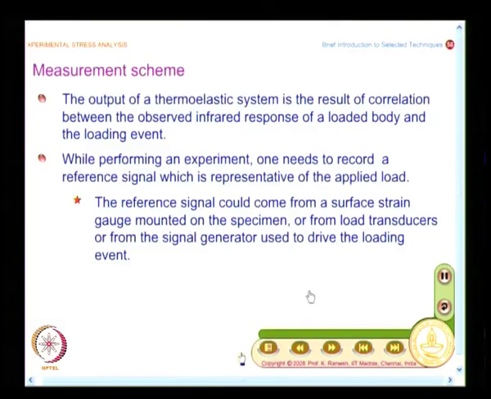So, for recording the loading event we need a reference signal that could come from a surface strain gauge, or from a load transducer, or from the signal generator. This idea would become clear if you have a look at how the whole arrangement is made ready for a thermoelastic measurement, that we will see immediately.